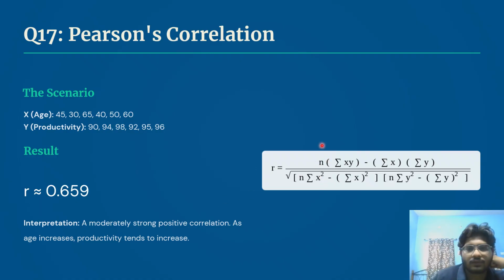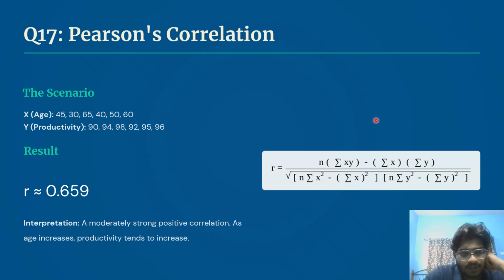We will put it in the formula, and after performing all the basic calculations, we will get the result r equals 0.659.